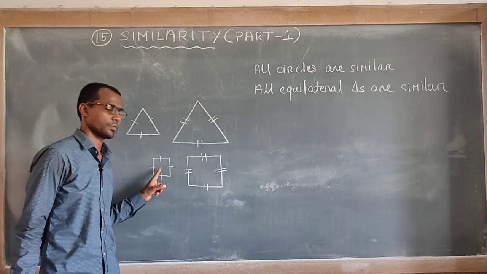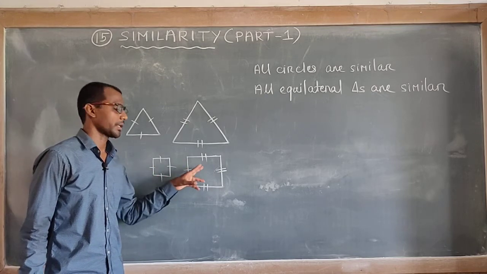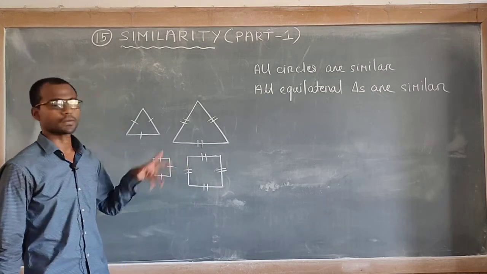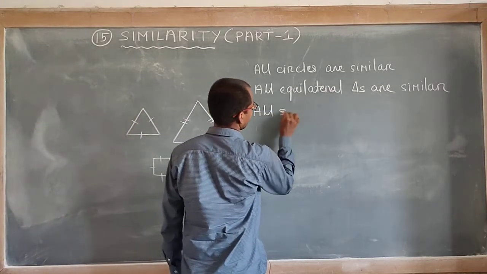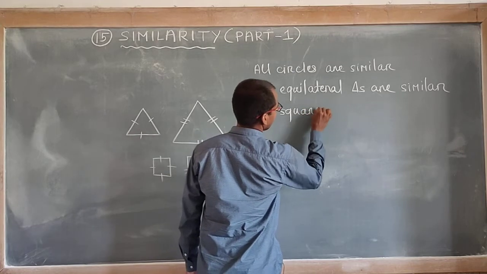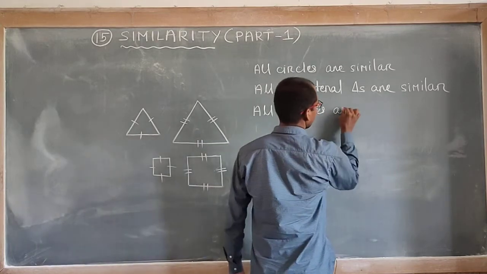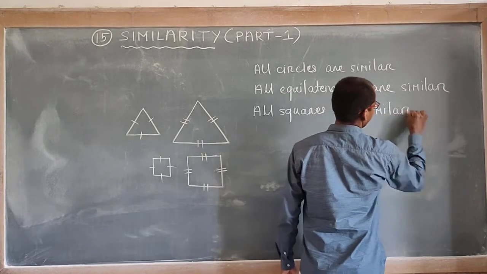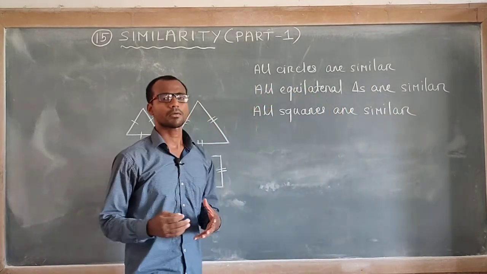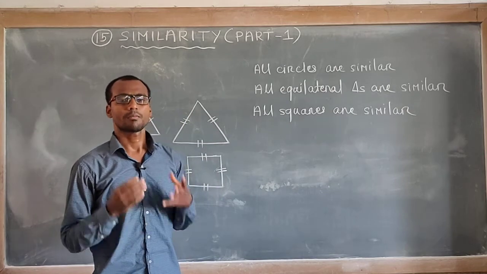Means if you magnify this small square, you can get this big square. So again these two squares are similar, or all squares are similar. So in this way you can take various examples of plane figures.